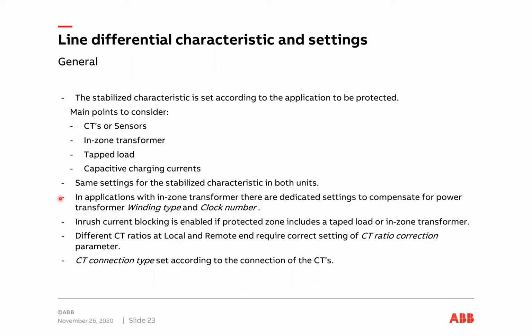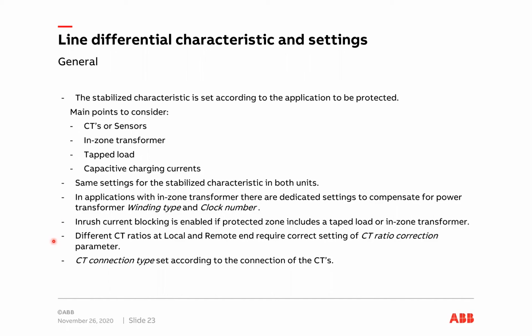We need to give the protection the information: do we have a star or a delta winding? And in case of a tapped load or an in-zone transformer, we also need to activate the inrush current blocking and give a proper setting for the inrush current level.